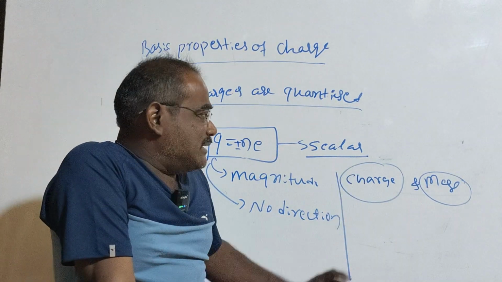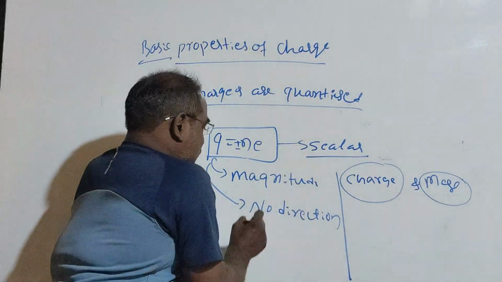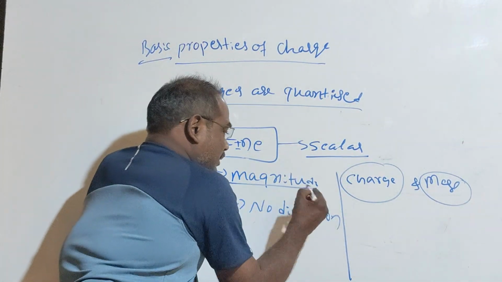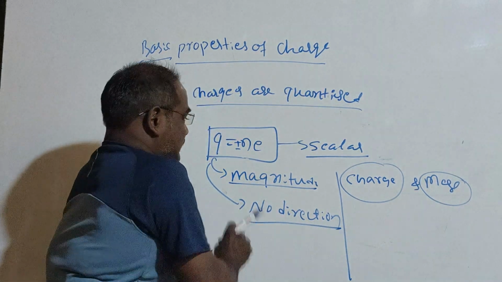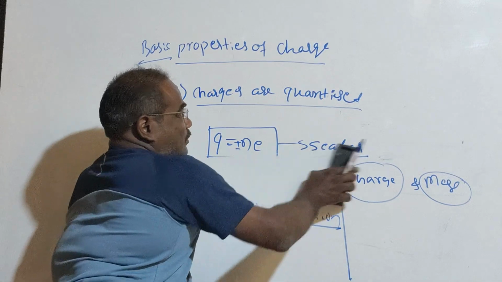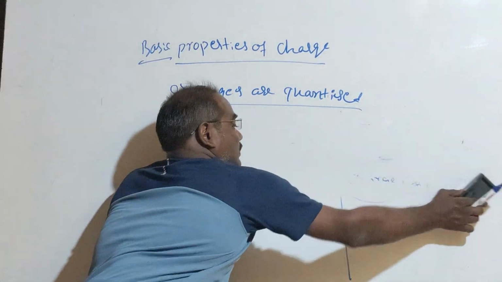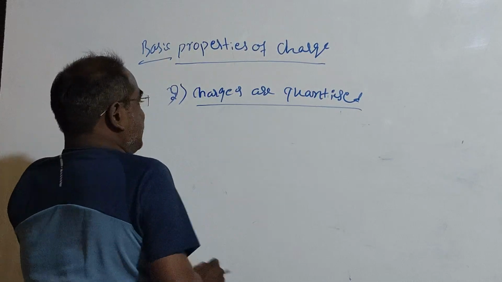Both cases are possible in charge. This was the basic difference we need to know. Charge is scalar because it has only magnitude, but there is no specific direction. You come to know the third property of charges.